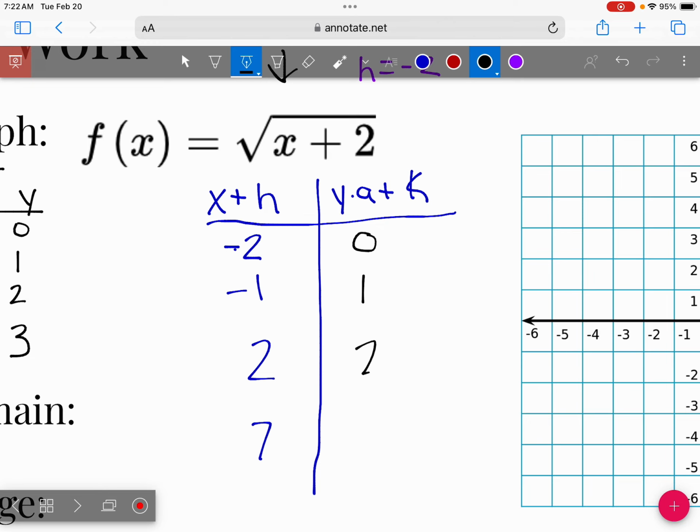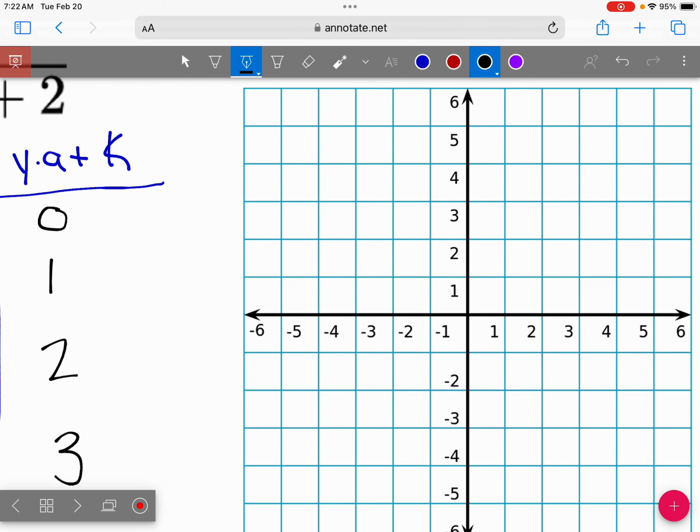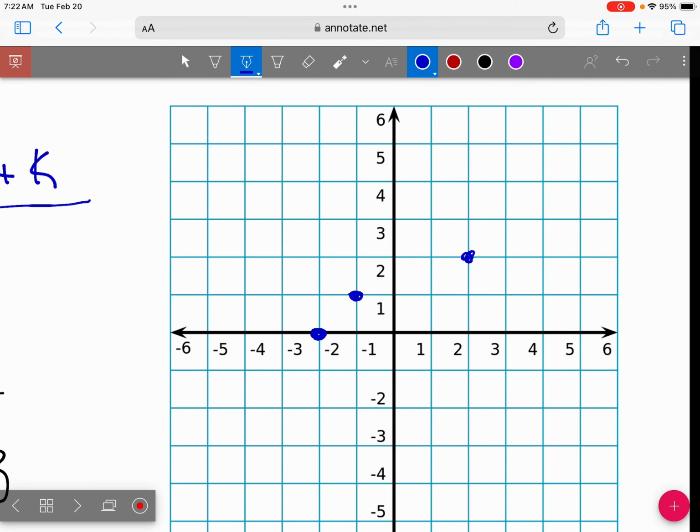We're going to have our 0, 1, 2, and 3. These give us our points that we're going to plot up, our (-2, 0), (-1, 1), (2, 2), and (7, 3). 3 is just off my graph, but it's right about there, and we can estimate that. Ooh, way too chunky. And we're going to get a graph that looks kind of like this.